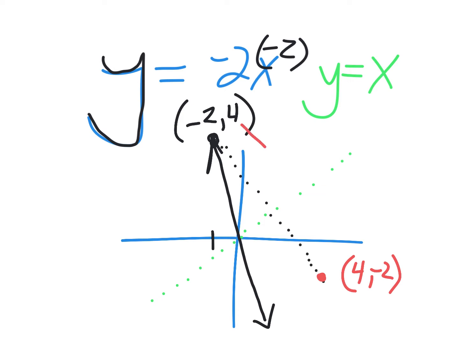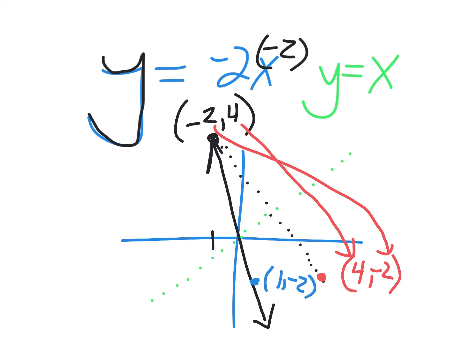The y became the x, and the x became the y. All right, let's pick another spot. Would you agree that the point 1 comma negative 2 would be on here? Then what other point would be on the inverse? Flip them around. Negative 2 comma 1 would be on here.